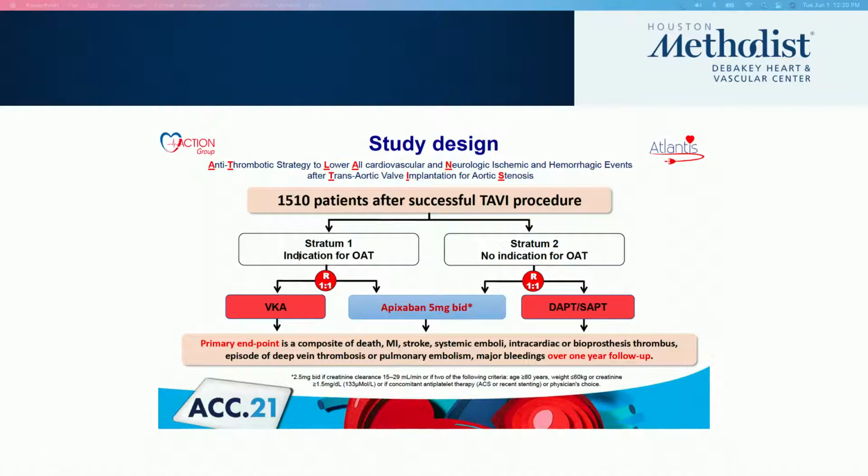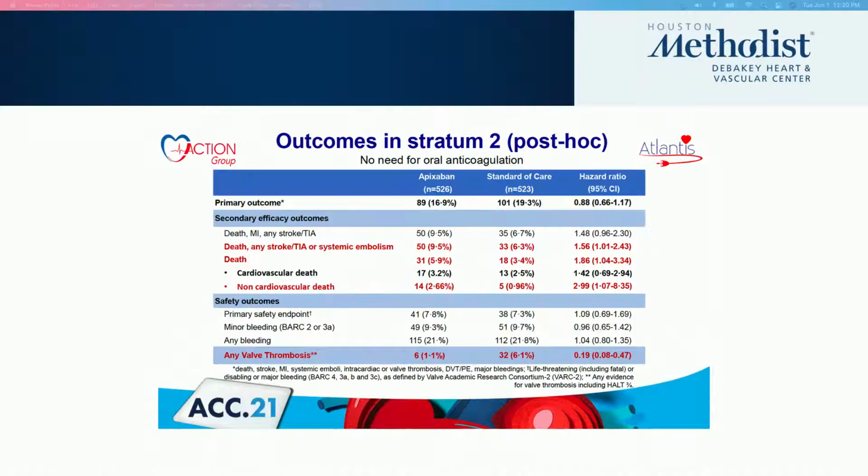Recently at ACC 21, the ATLANTIS trial was published, which looked at the role of apixaban in patients with TAVR valves. 1,500 patients were randomized to two groups, and then subsequently randomized to either vitamin K antagonist or apixaban, or single or dual antiplatelet agent versus apixaban.